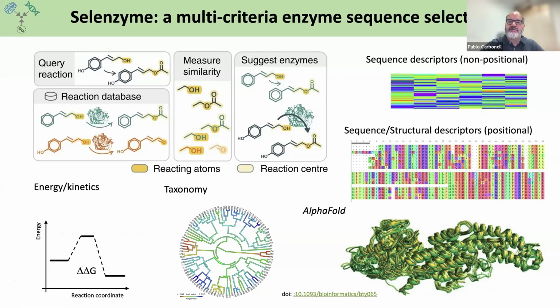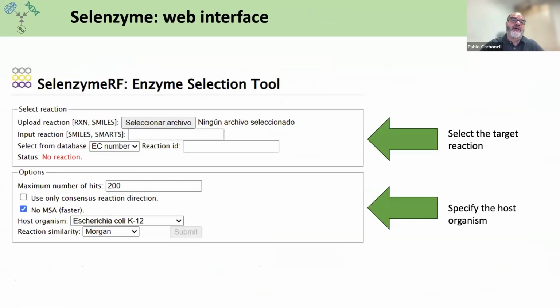This tool is implemented in different ways. You can use it as a command line, but very often what you will find is that end users like to use it through a web interface. So we have this web interface here that is very basic.